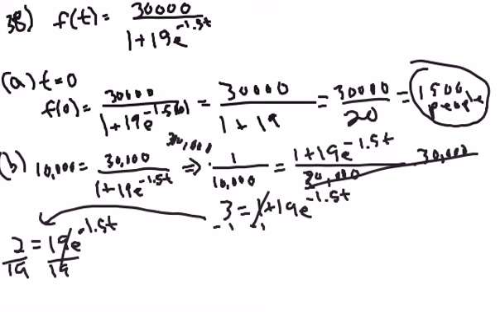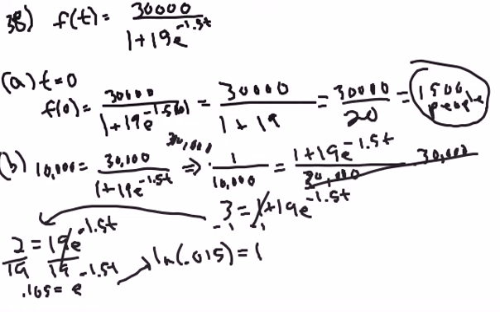2 divided by 19 is 0.105. Equal to e to the negative 1.5t. I'll take the natural logarithm of both sides. These cancel.